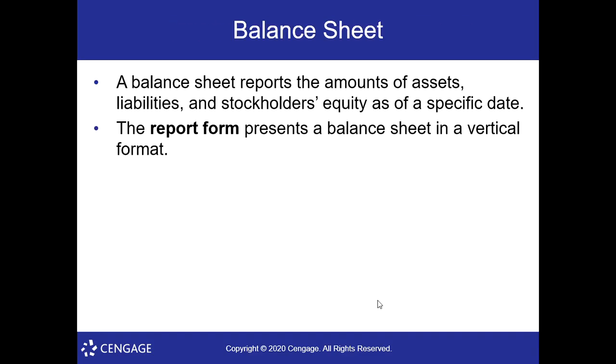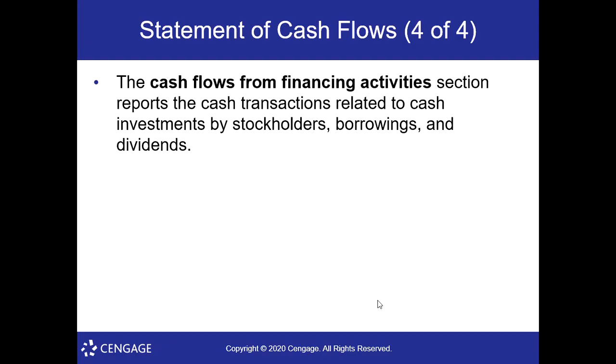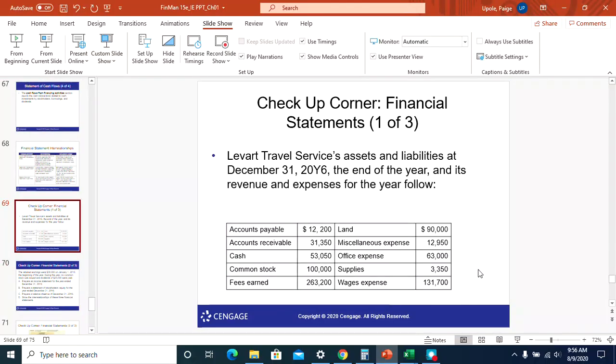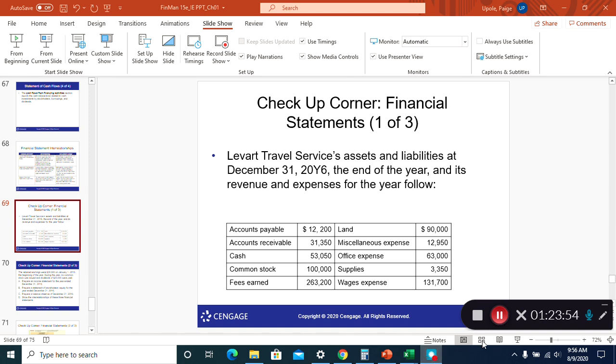And this is your first time preparing them, so just do the best you can. The most important thing is identifying what type of account these are, whether they're assets, liabilities, or equities. And I just walked through them, so hopefully that's beneficial to you. So let's go ahead and pause and click back in when you're ready to go through this.